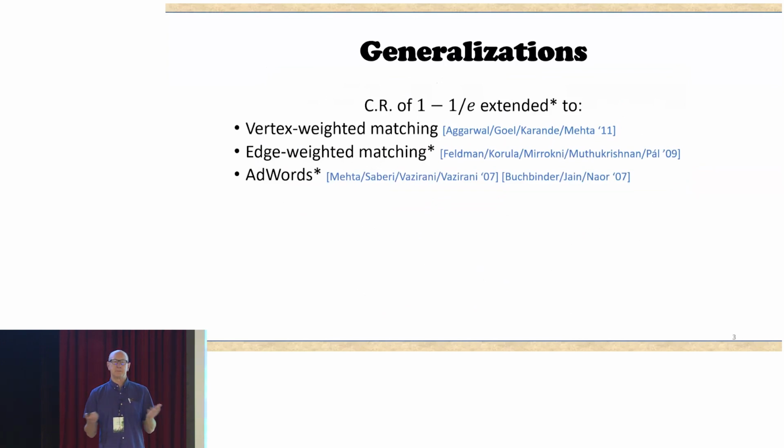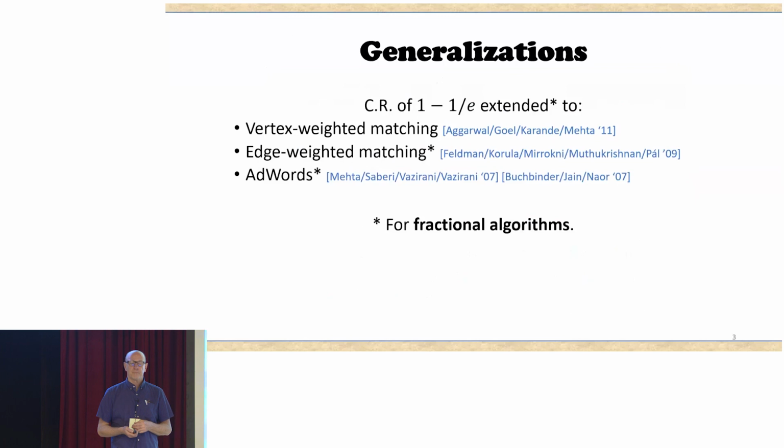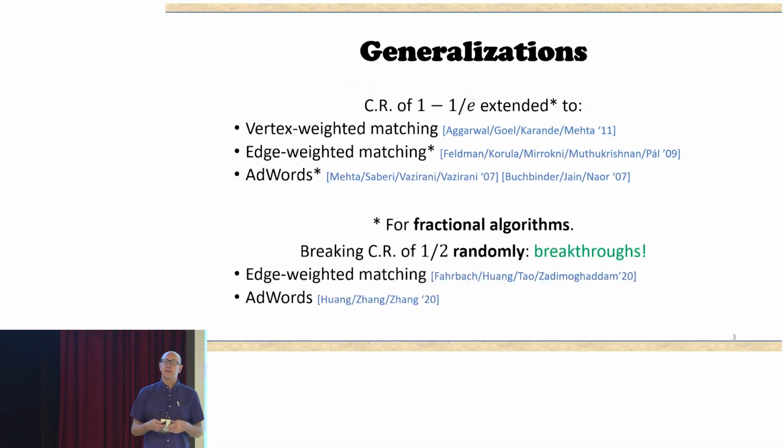This basic model has been generalized to the vertex-weighted case, edge-weighted, and what's called the AdWords problem. For these problems, the 1 minus 1 over e currently is only known to apply to the fractional version of the problem. I'll explain what that is. And recently, the basic deterministic competitive ratio of 1/2 has been broken for edge-weighted matching.